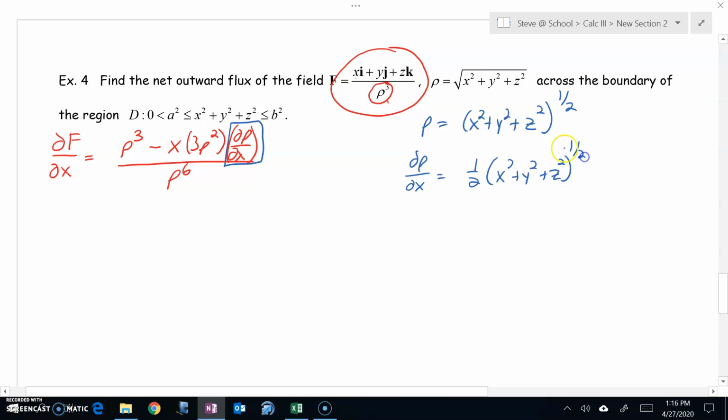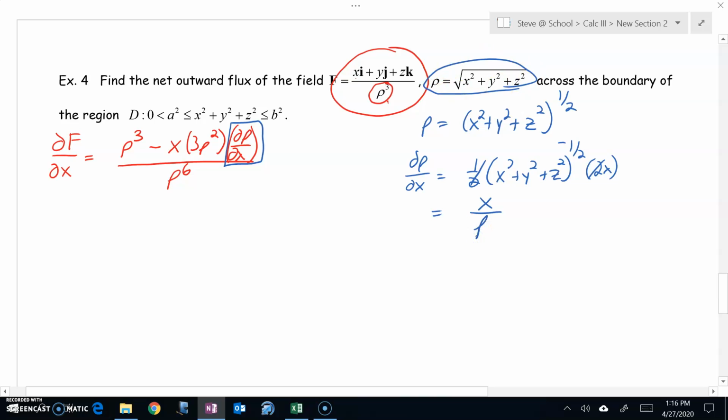Now that's just to the negative 1/2, which means it's just on the bottom, and then times the derivative of the inside, which is 2x. So if you simplify this, the 1/2 and the 2 cancel, and then this all goes below, so you get x over all of this. Well, all of this to the 1/2 is defined as rho, so we can put rho back in there.